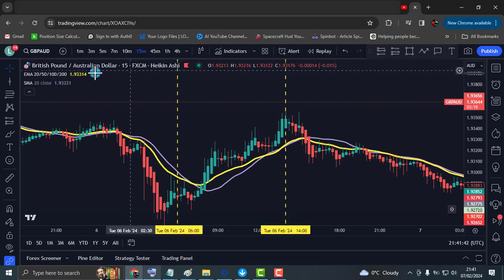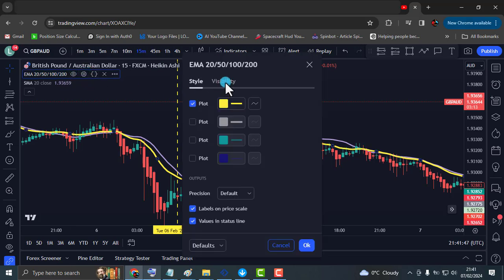Beforehand, what we have over here is EMAs. Again, as I always show in my videos, I use them in most of my strategies. We have this EMA as an indicator, which comes in 20, 50, 100 and 200.